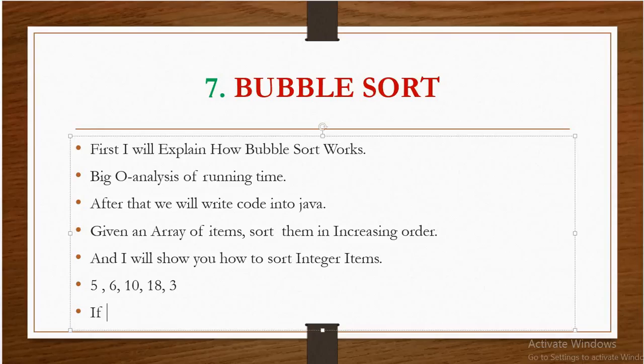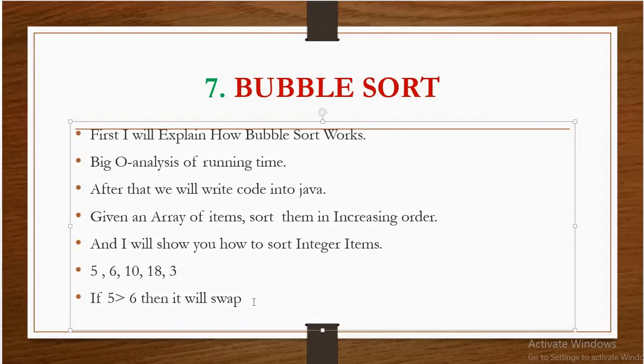5 is greater than 6, then it will swap both numbers, otherwise it will check the next. Now here I am watching 5, 6. 5 is less than, not greater, so it will not swap and the order will be the same. After that it will check the next two elements 6, 10. If 6 is greater than 10, then it will swap, but it's also smaller.